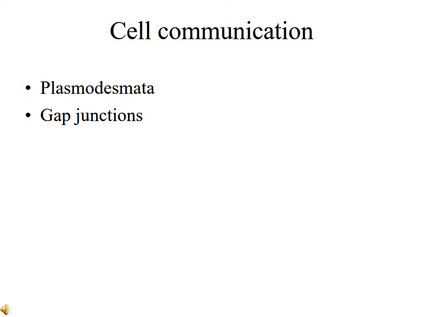Cells need to communicate with each other. Now, there are two ways that cells can communicate. One is through a process called plasmodesmata, and the other one is called cell gap junctions. The gap junctions are present in animal cells. The plasmodesmata are present in plant cells.